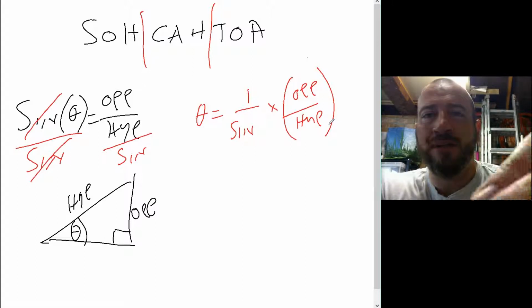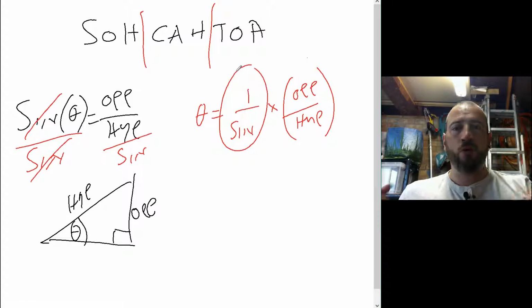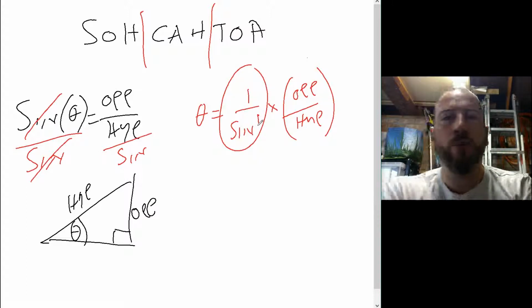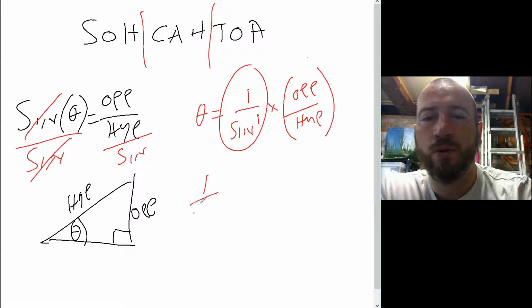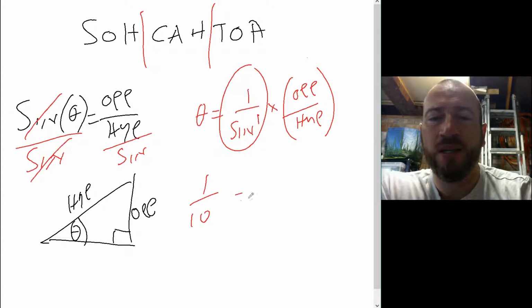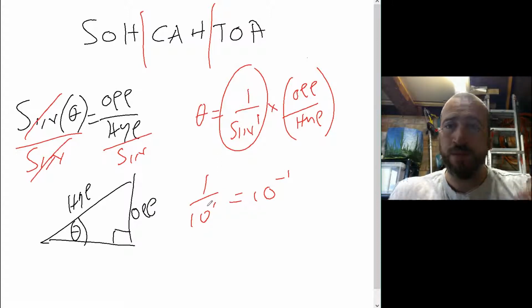Here's a special little thing for you. See this? Now, there's something called laws of indices. This, technically speaking, is sine to the power of 1. And what we can do with this, if you think about 1 over 10, to make this simple, 1 over 10 is equal to 10 to the power of negative 1. Notice any number is to the power of 1. So 1 over 10 is the same as 1 over 10 to the power of 1.